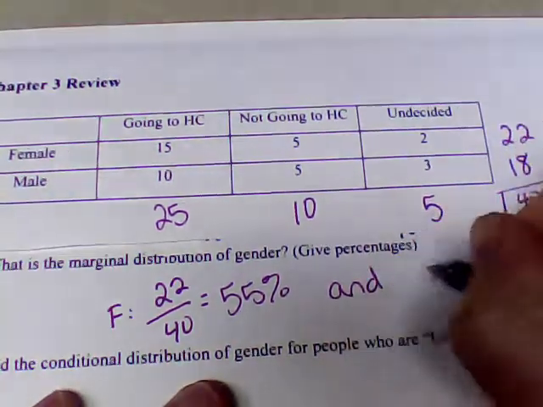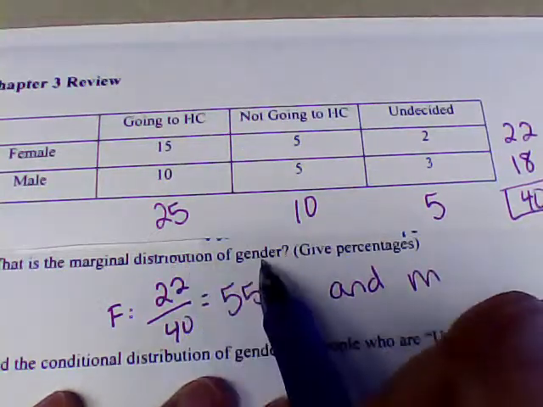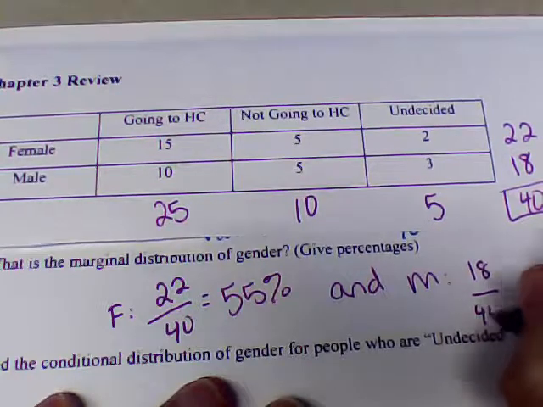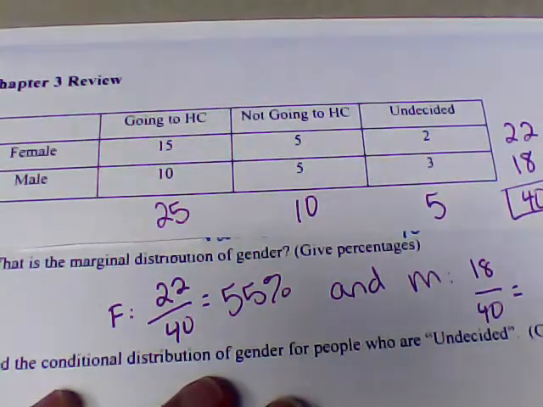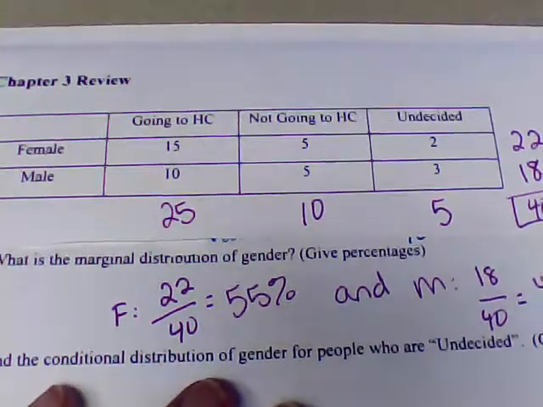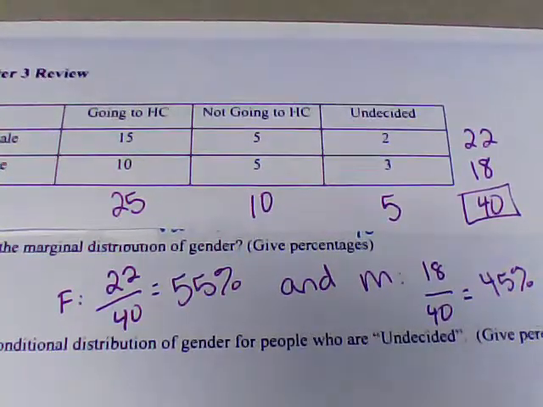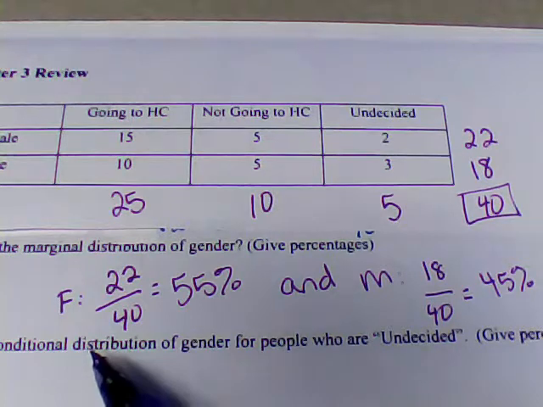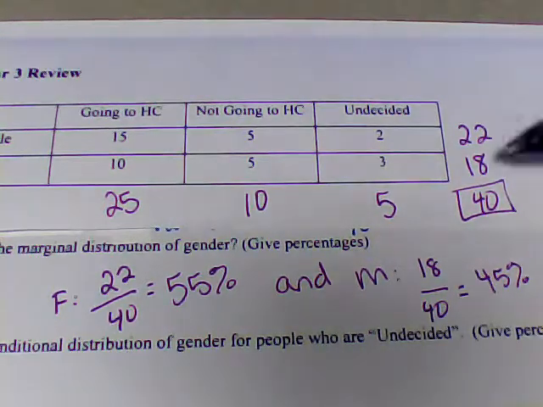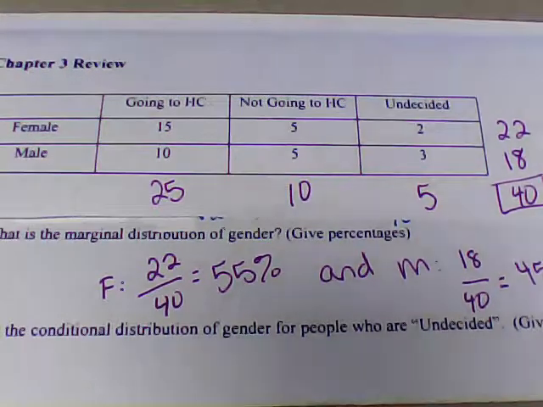And our males are the other part of our distribution of gender. Our males would be the 18 out of 40, which is the other 45%. So our two percents do add up to 100. There's 100% of our people are either female or male. And that's our marginal distribution found on the edge of the table where margins are. Edge of the table, these two numbers describe gender, male and female.